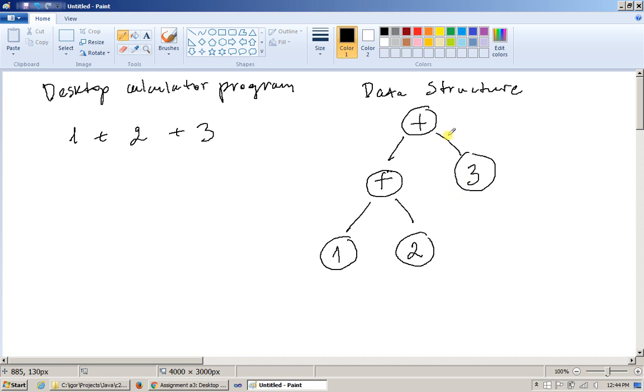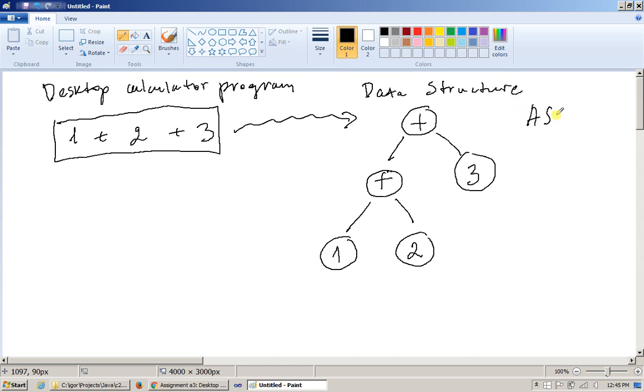If we could construct an interpreter of this text entered by the user and convert it to a data structure like this, which is formally called an AST, Abstract Syntax Tree.